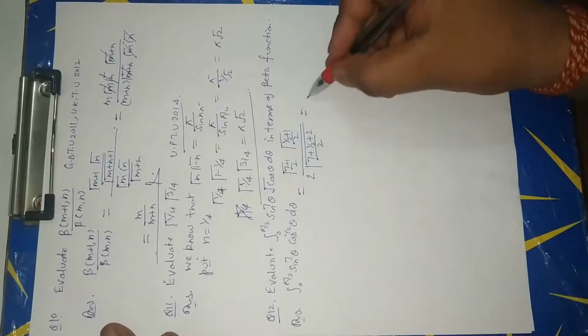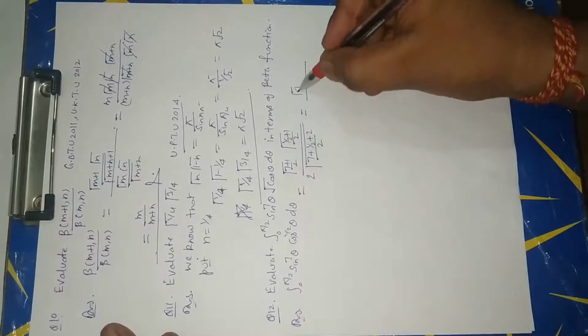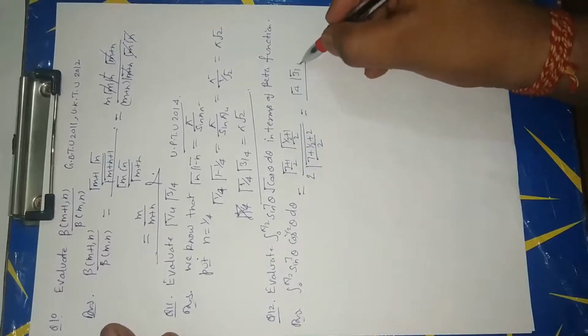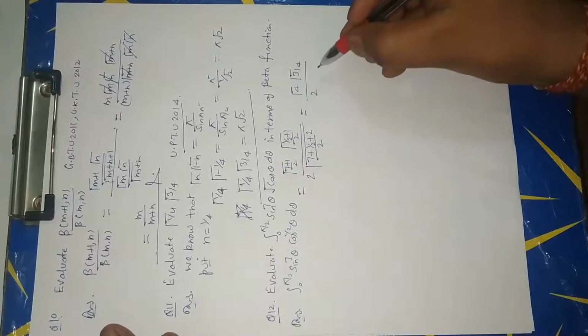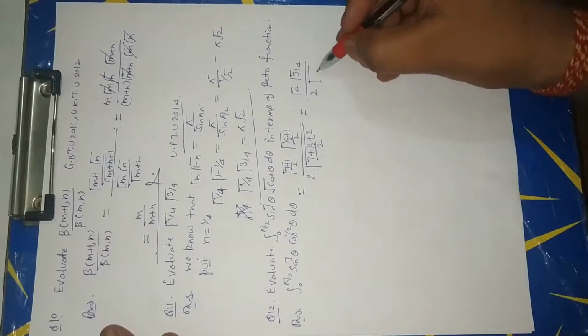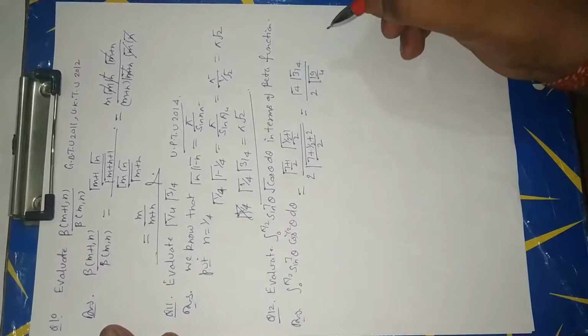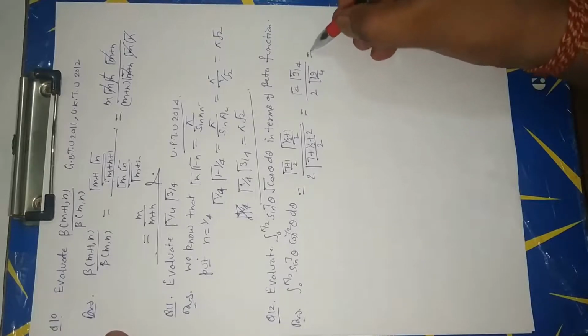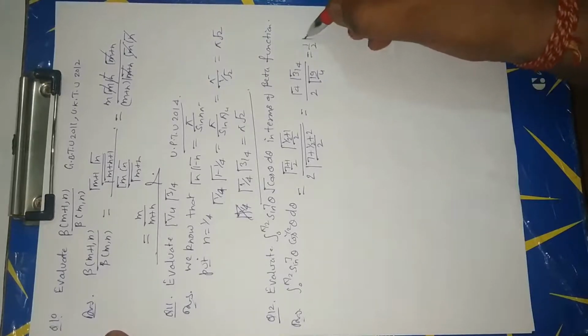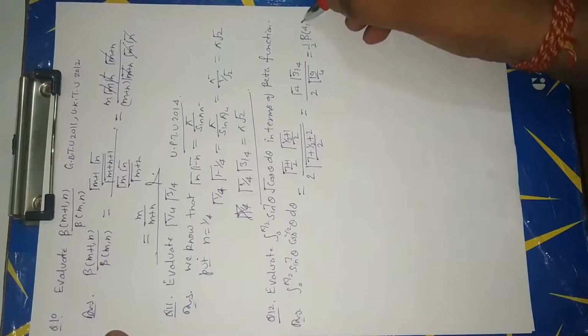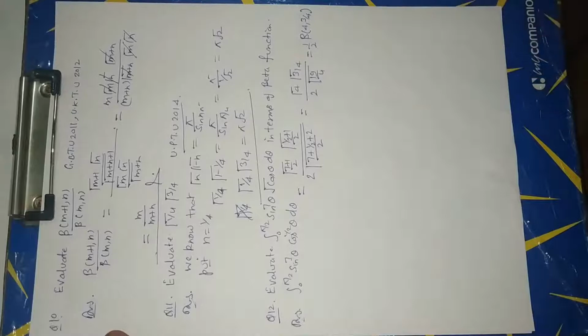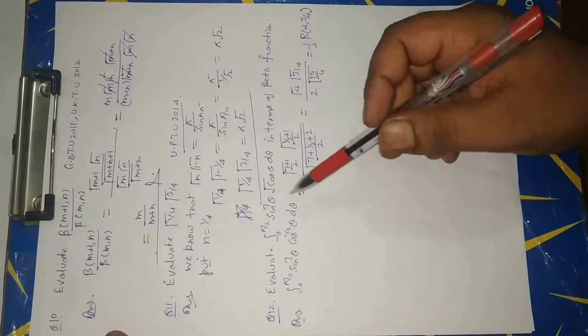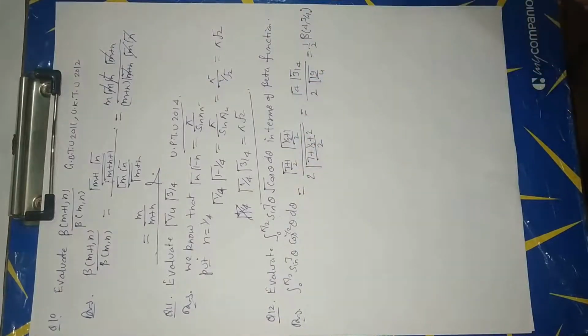Then we calculate gamma(4), gamma(3 by 4), 2, gamma(19 by 4). Then we can write 1 upon 2 as it is. This is equal to beta(4, 3 by 4). The integration is converted into the beta function. Now next question.